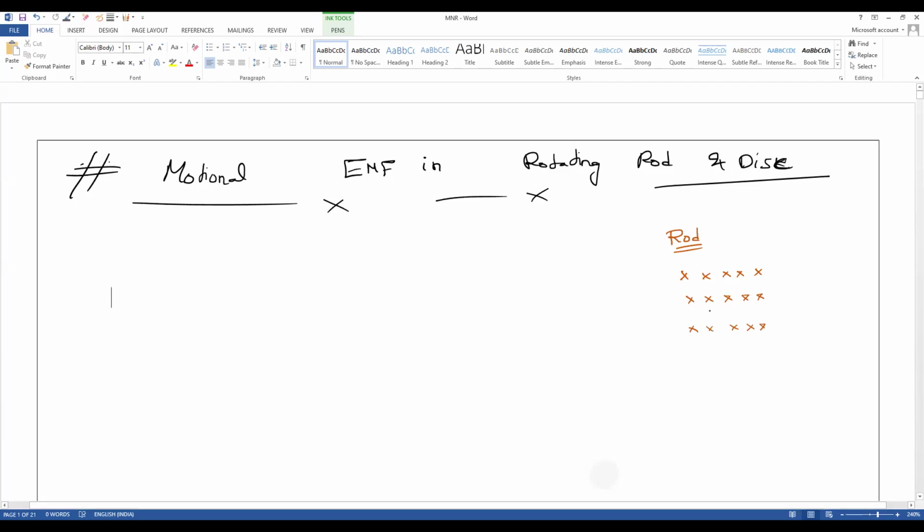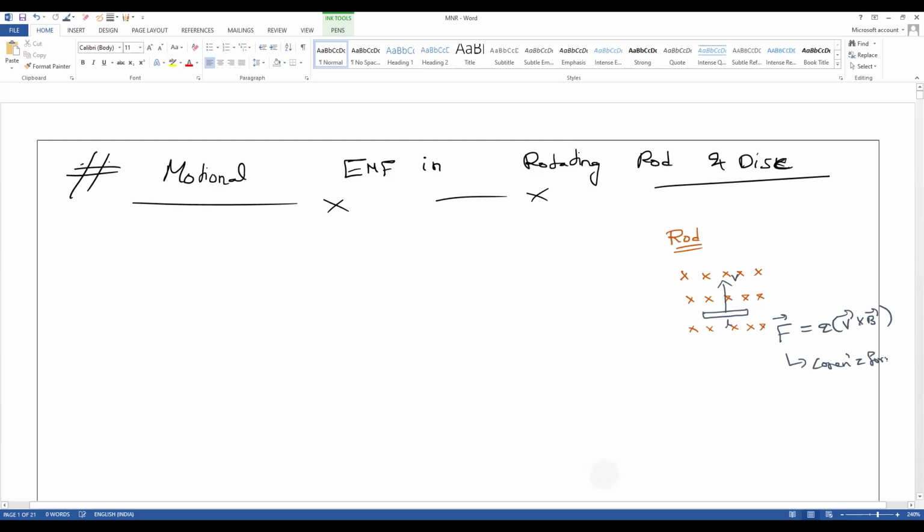Now imagine a rod is moving with a velocity v, in any direction, and it has a length L. We all know that in these situations, the force exerted is F equals q into v cross B. Is it right or wrong? The Lorentz formula. All of you remembered or not?